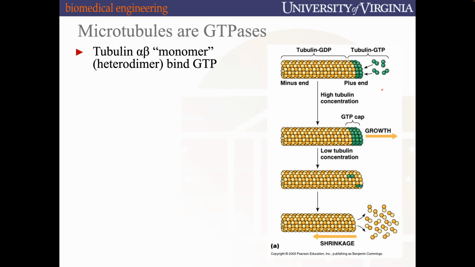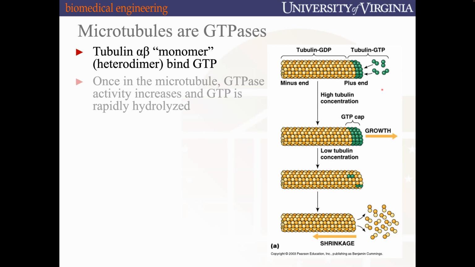But because this is an enzyme, eventually that GTP will hydrolyze to GDP. Once the alpha beta unit is bound, the activity of this GTPase enzyme is increased, and this GTP is hydrolyzed, meaning the one phosphate group is cleaved and it becomes GDP. So this is guanosine triphosphate and guanosine diphosphate.